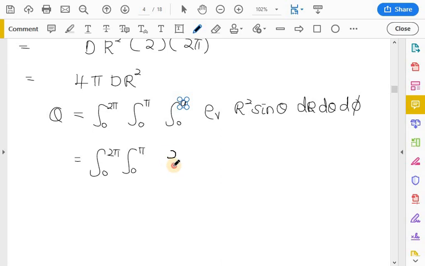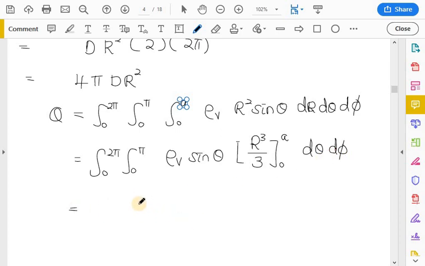So the rho v sine theta, you take it out, so this one is R cube divide 3. Here will be A, here will be 0, d theta d phi.